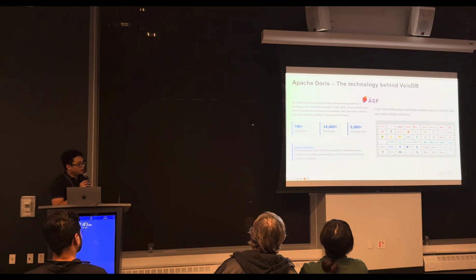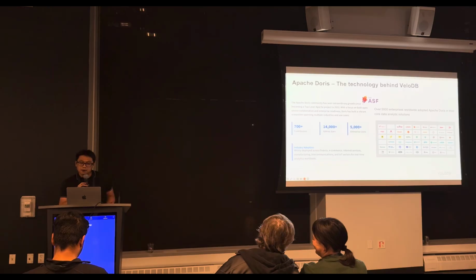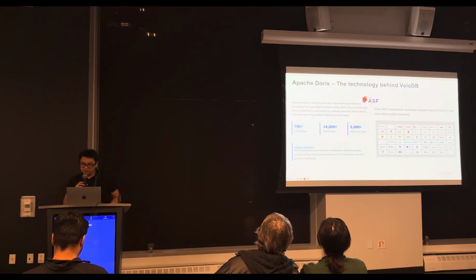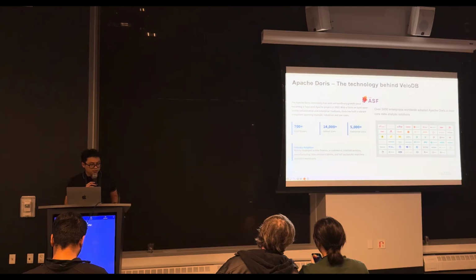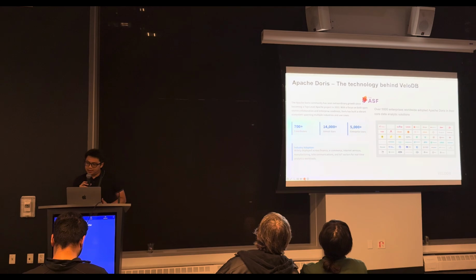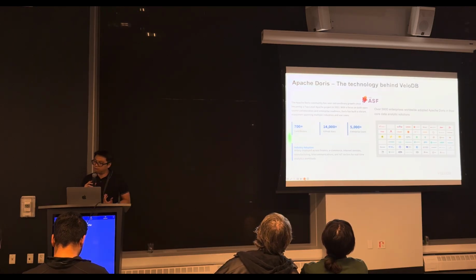I want to talk a little bit about Apache Doris, the technology behind VeloDB. And just to show you the scale of the community that we're working with, this is with 700 plus contributors. We're really big in APAC. In fact, the project started out of Baidu as a project for customer-facing analytics in real time, so really ad targeting, behavior targeting, and the technology has really evolved to handle a mixture of workloads.